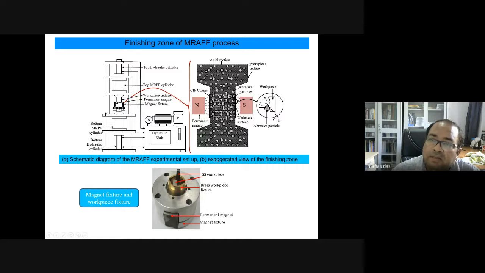From there we calculated this average velocity, considered a uniform initial average velocity as the input, and the output is calculated from here. This is the finishing zone, and whatever the output in zone 1 is, we considered as the input for this finishing zone.